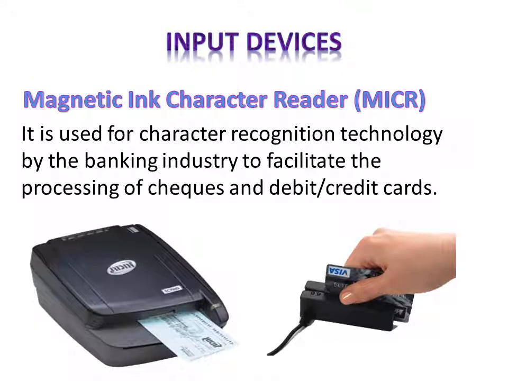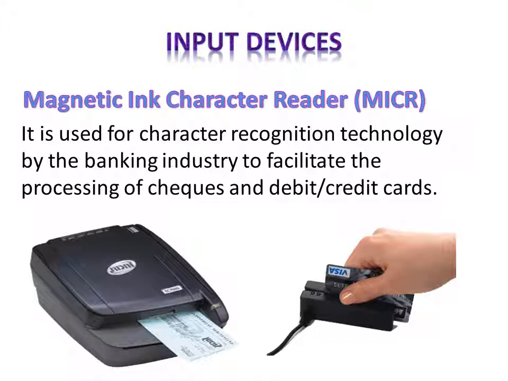The next input device is the magnetic ink character reader, MICR. It is used for character recognition technology by the banking industry to facilitate the processing of checks and debit cards. In banks, the MICR is used to process the checks.